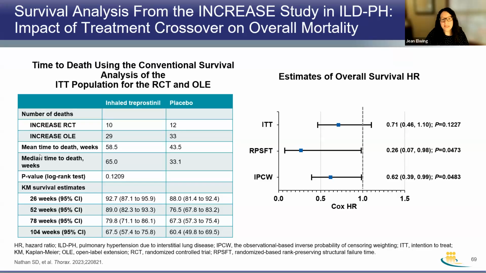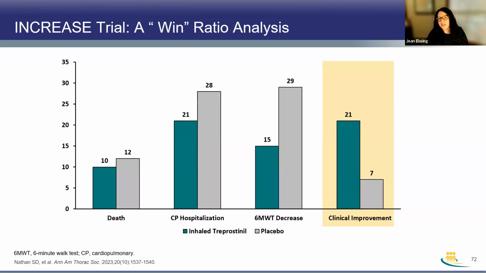If you look here, mean time to death in weeks was 58.5 in the inhaled treprostinil group versus 43.5 in the placebo group. So something to think about, and we need to look at this further over time, but thought-provoking.